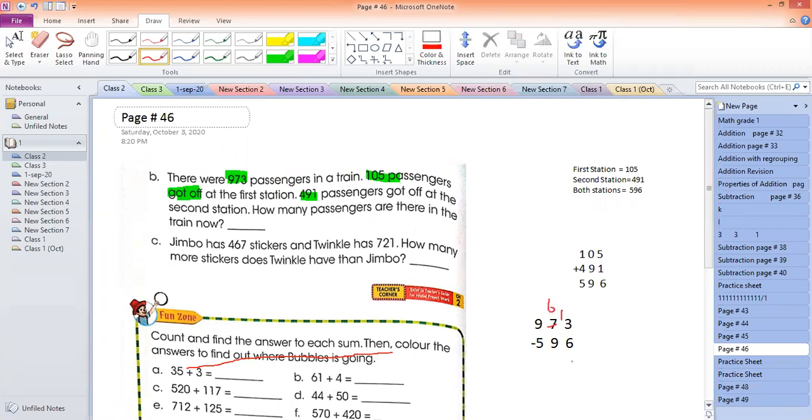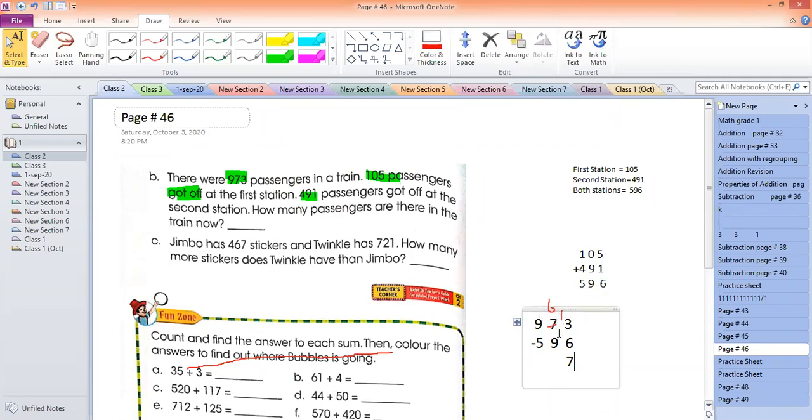So it is 13 now. 13 minus 6: 7, 8, 9, 10, 11, 12, 13. The answer will be 7.